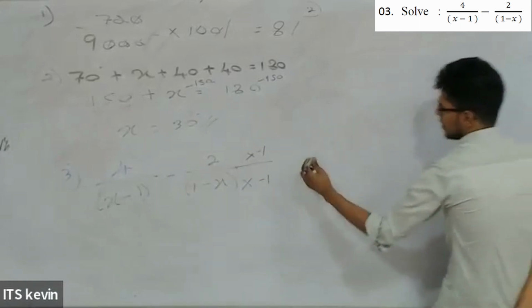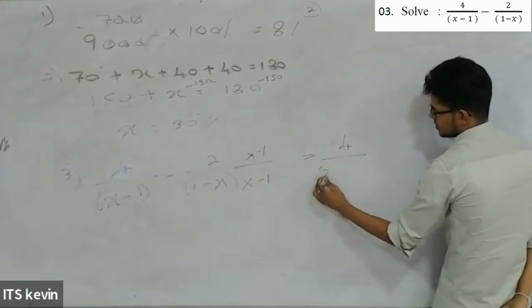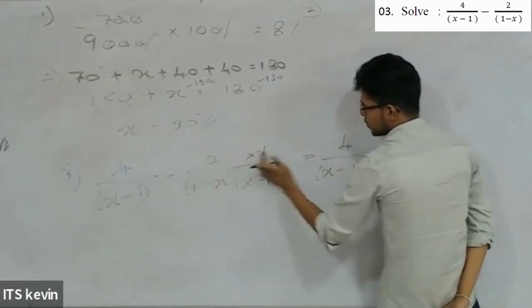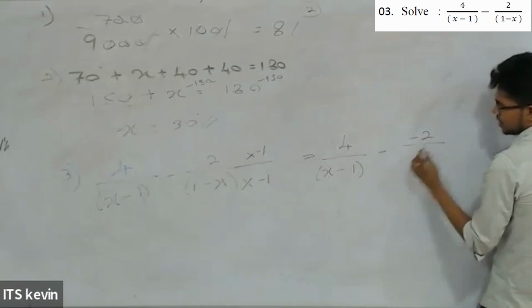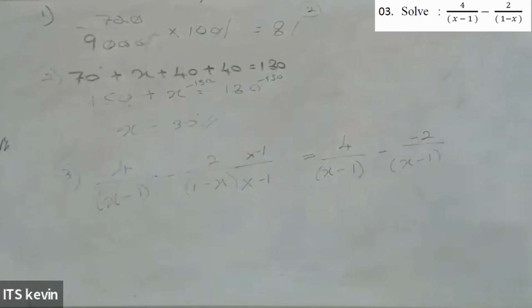Then what do you get? The first number you can write 4 over x minus 1. And here you have 2 times minus 1 is minus 2 divided by x minus 1. So now the denominators are equal.